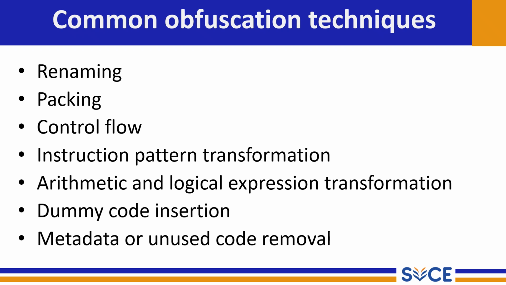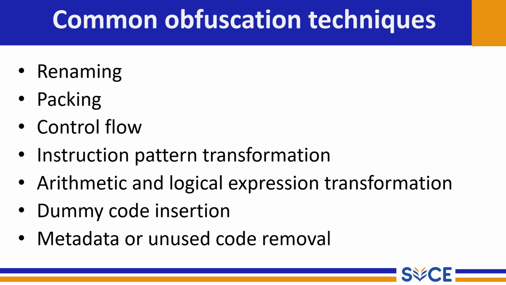Next, tokenization: sensitive information is replaced with a non-confidential placeholder, or token. And next, encryption: data is scrambled using an encryption algorithm, making it unreadable without the correct decryption key.